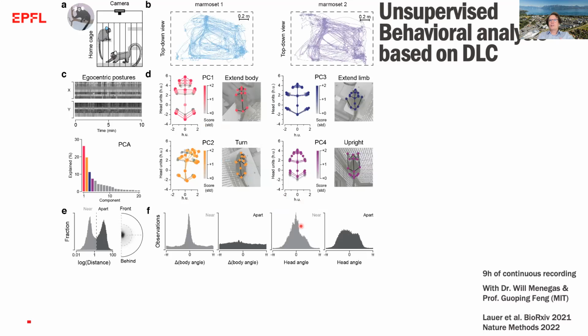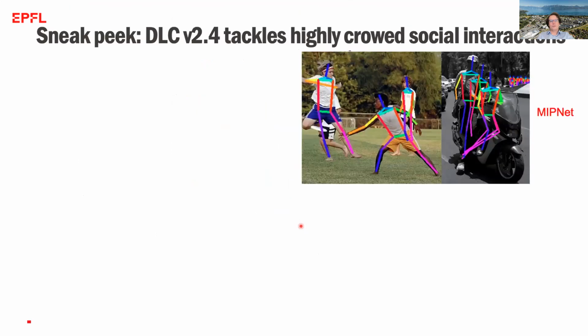So in closing, I want to give you a sneak peek of DeepLabCut version 2.4. So 2.3 is actually a version that contains a new GUI that is really exciting and that you should try out. And in 2.4, we introduce new architectures that tackle highly crowded social interactions.